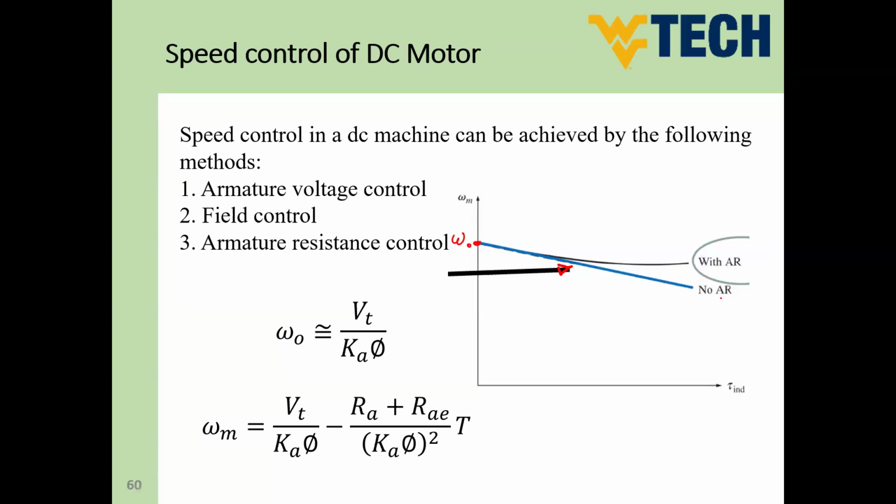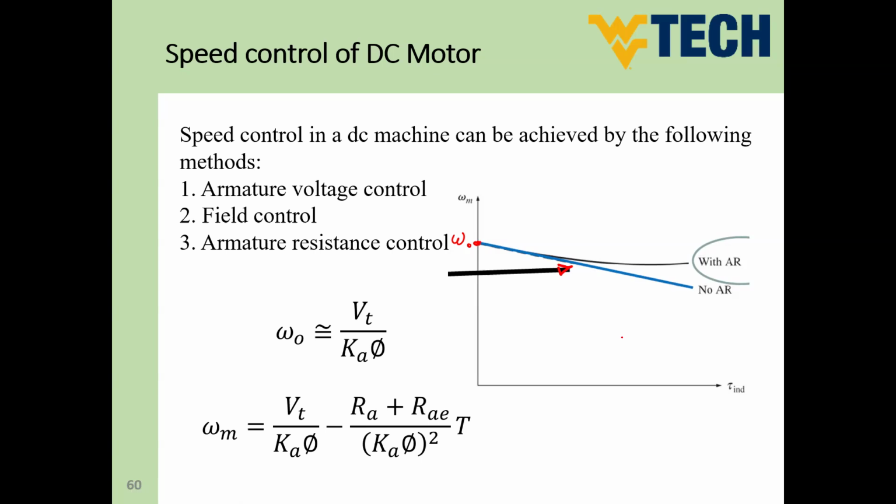How can we, or why do we need to move this characteristic? Actually, in order to control the motor speed, we should match two characteristics together. This is called the machine characteristic, and we have what's called the load characteristic. For instance, guys, we have what's called constant load torque, or constant torque load.